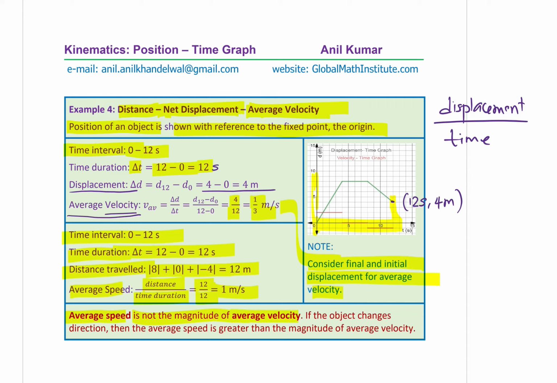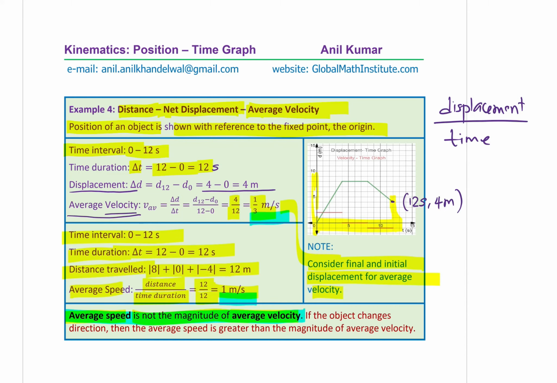That is very important to understand. Average speed is not the magnitude of average velocity. Clear? It is different. And as you can see, we got different values also. Correct? If the object changes direction, then the average speed is greater than the magnitude of average velocity. Clear?